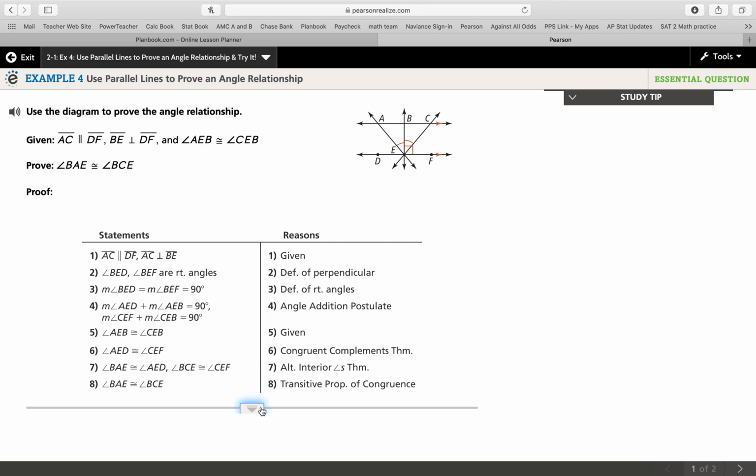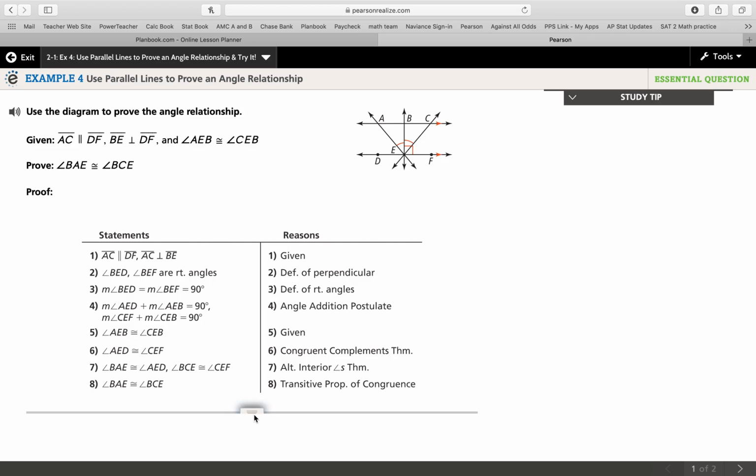And then finally, based off of the transitive property of congruence, because BAE is congruent to AED and BCE is congruent to CEF, and we already stated that CEF is congruent to AED, because of the transitive property, we confirmed that BAE is congruent to BCE.